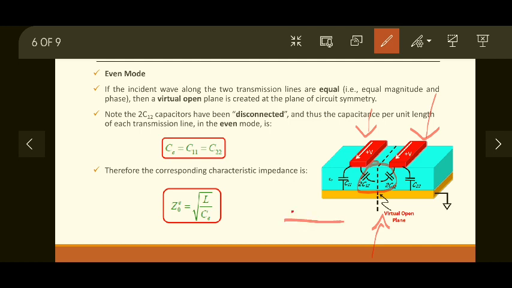So on the left hand side, the equivalent capacitance is given by CE, in the even mode, subscript is E. CE is given by C11, and on this side CE is given by C22. So that impacts your characteristic impedance as Z0 E, superscript now E. Z0 E is given by the square root of L divided by CE. Now CE will be less than C odd, because it has only one value, that is C11 or C22.